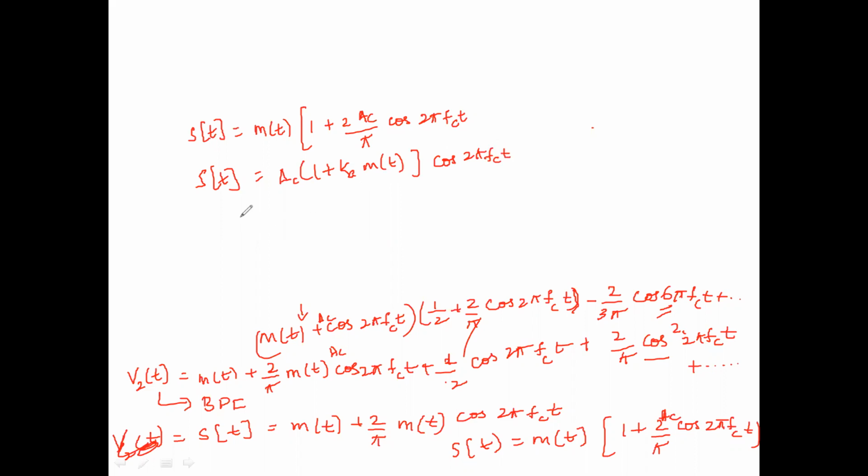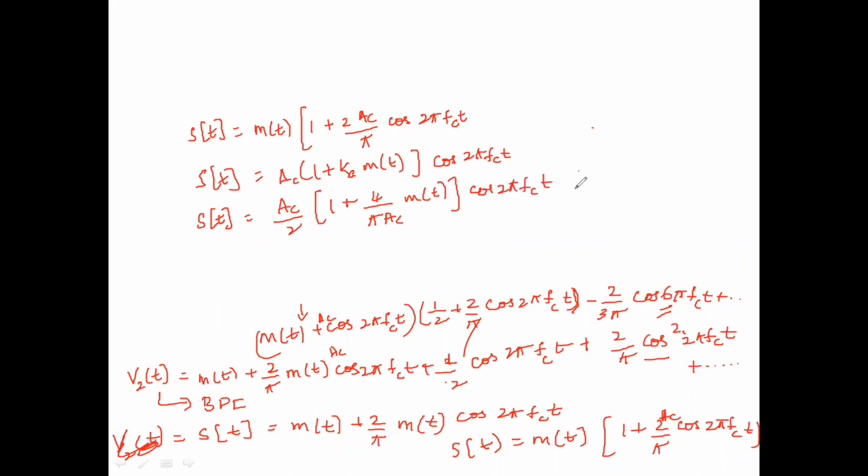We know that this is the standard equation. Now we are bringing that equation, our s of t is equal to, if you take Ac by 2 common in this equation, you get 1 plus 4 by pi Ac m of t into cos 2 pi fct.